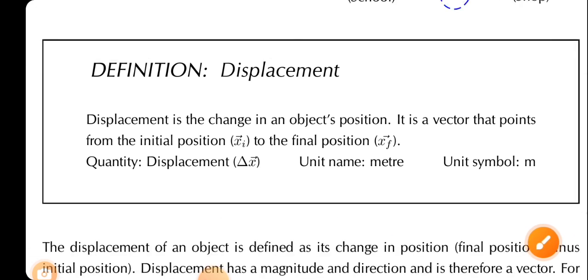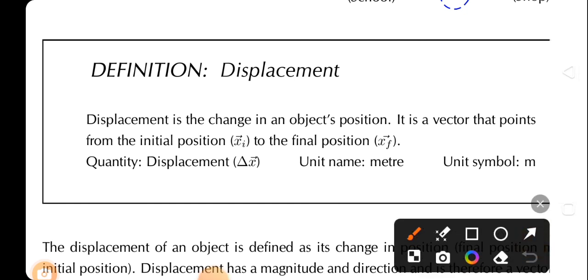Displacement is a vector that points from the initial position xi to the final position xf. So what this means is that displacement is the difference between the final position and the initial position.